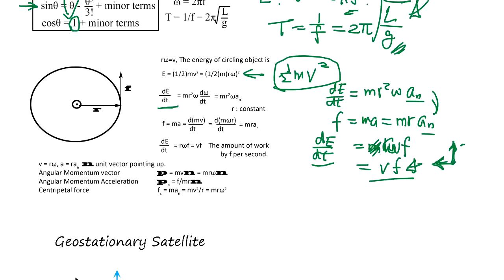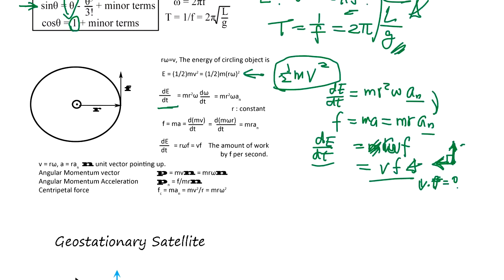But this angle is 90 degrees. If you do this, it's 0. Okay, so the energy spent is 0 for circling around.